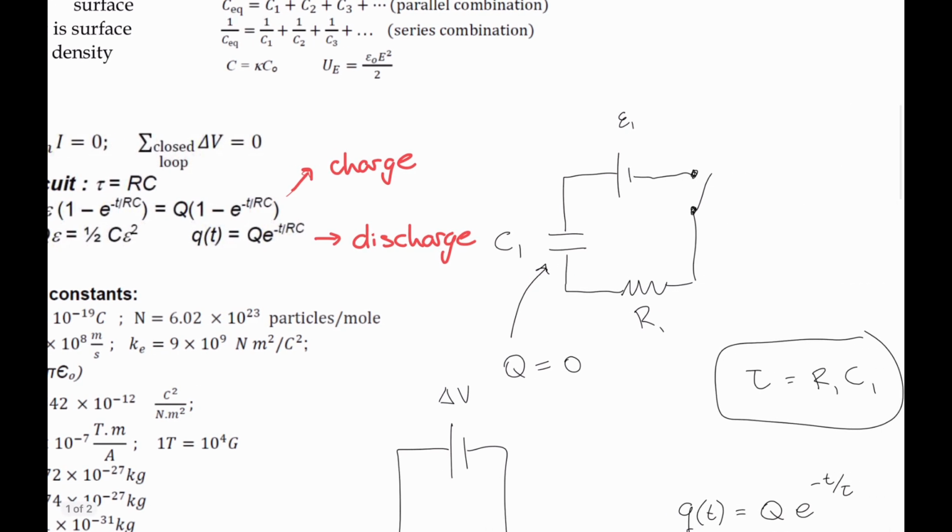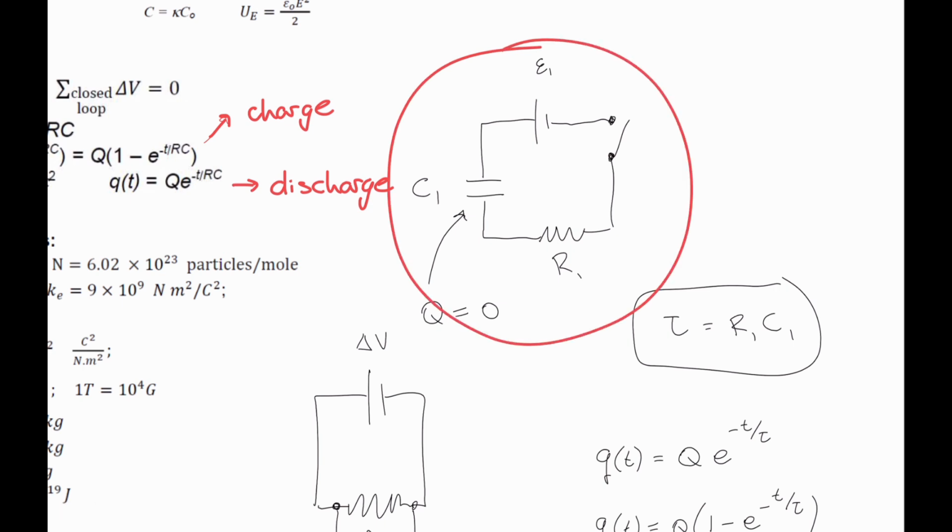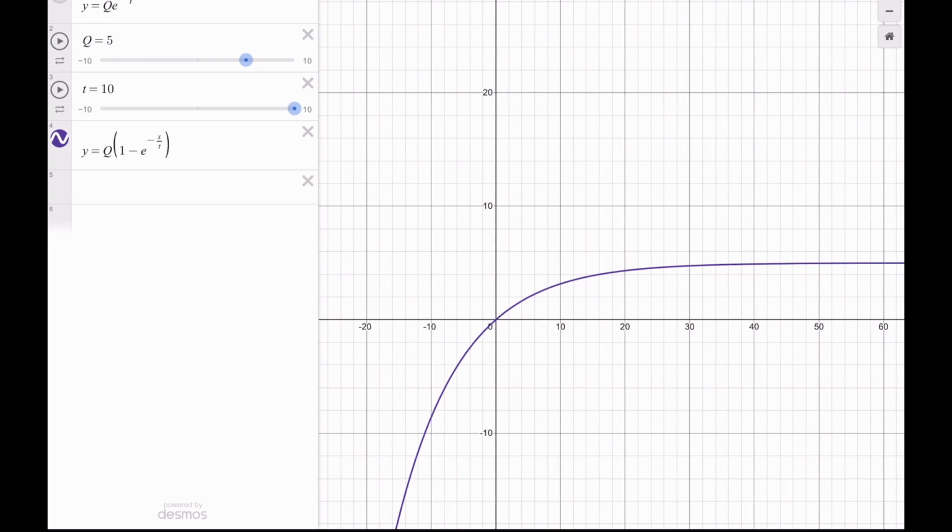So if you have a circuit like this, you have the time constant. The time constant is R times C. So if you multiply these together and you get a very small number, as you saw, 0.1, the time constant will be very small, and you will have a very quick charging or a very quick discharging.